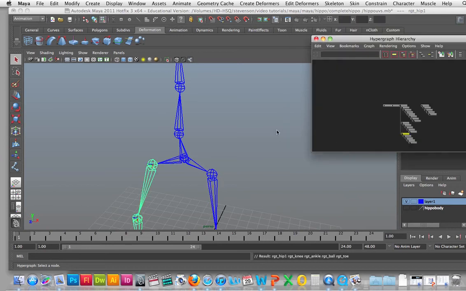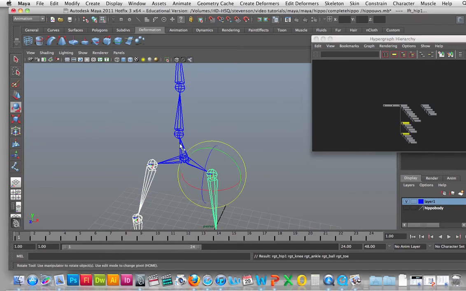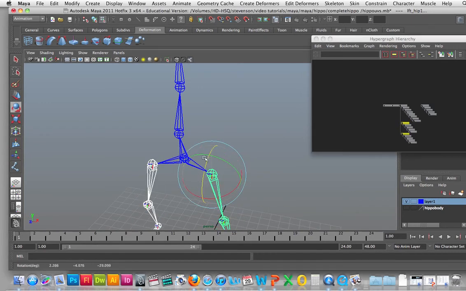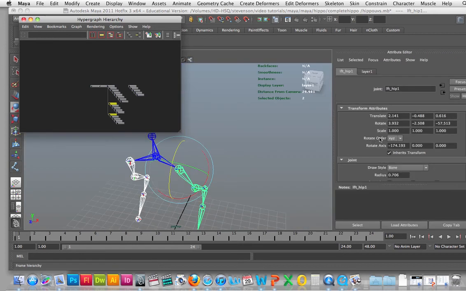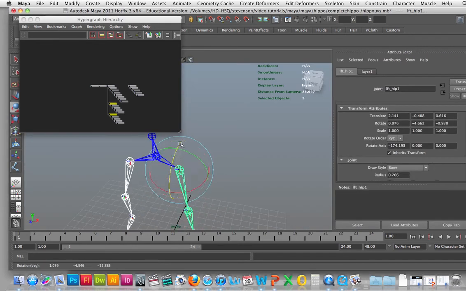So if I mirror that over, select both of them and start rotating them, you'll find in the channel box that when you rotate them in the Z, one goes to the minus and the other goes to the positive when you're going to the front.